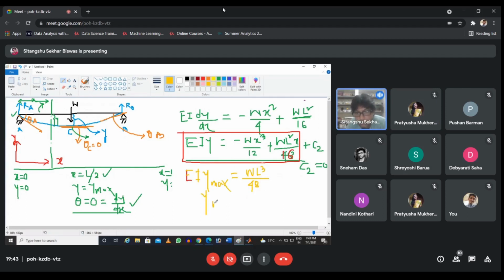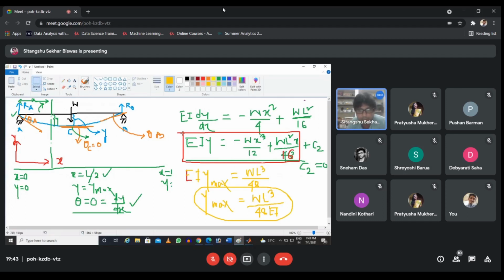So my y max is equal to WL cube by 48 EI. So this is the static maximum deflection at the middle point if the entire load is acting from the middle.